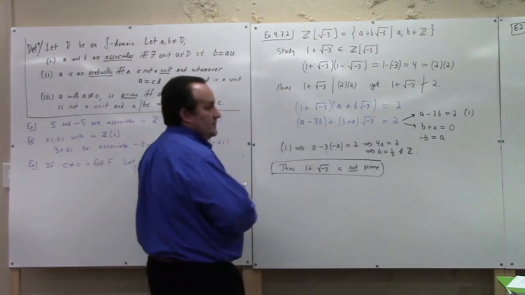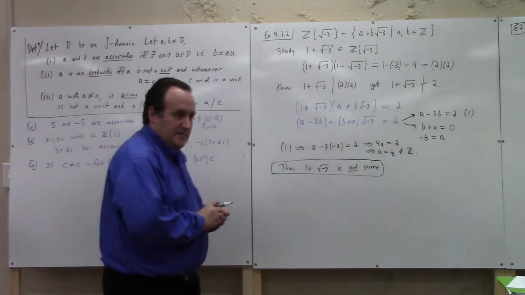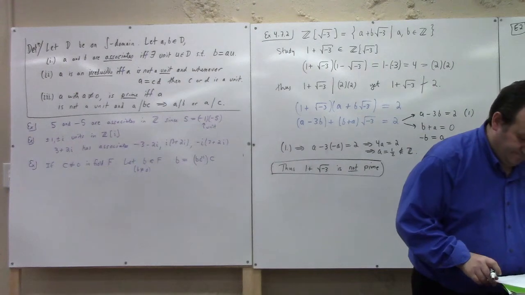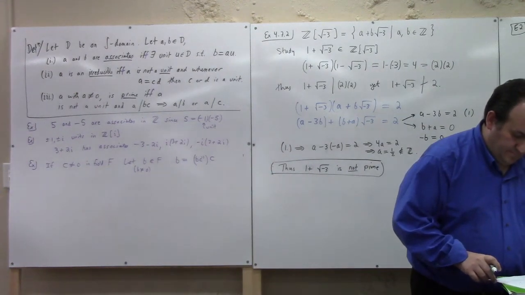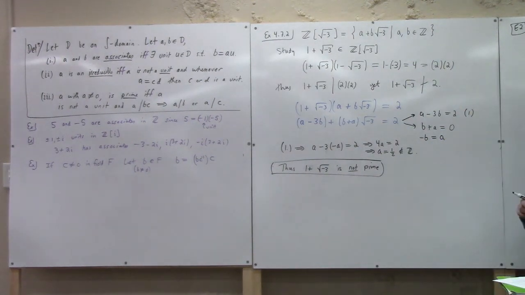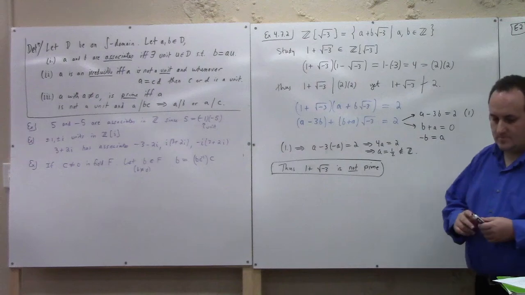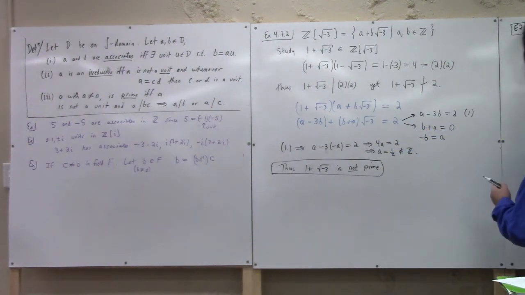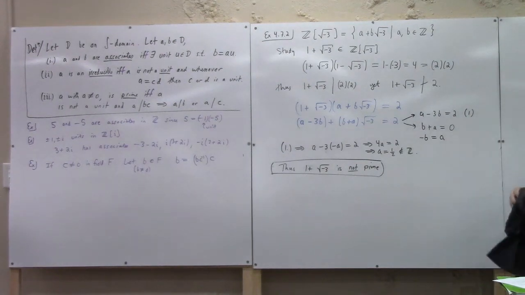But is it irreducible? Is it irreducible? So to prove it's irreducible, the arguments involve the norm. Yeah, I was about to say, because 2 has a norm. What's the norm here?